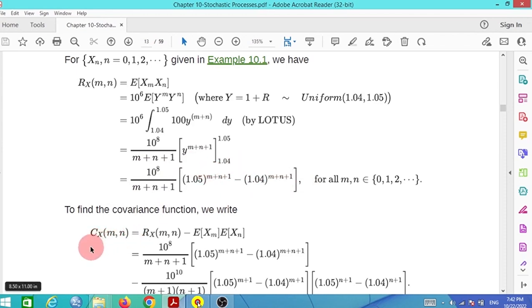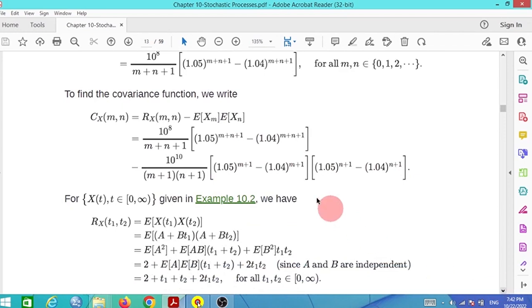For the covariance function, this value is this minus this value. Firstly calculate this, replace, multiply, and for simplicity you reach this notation.